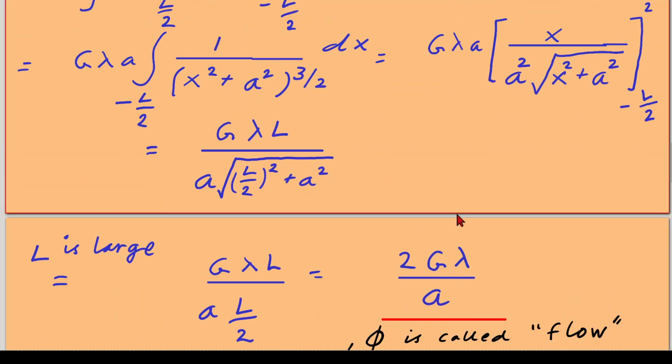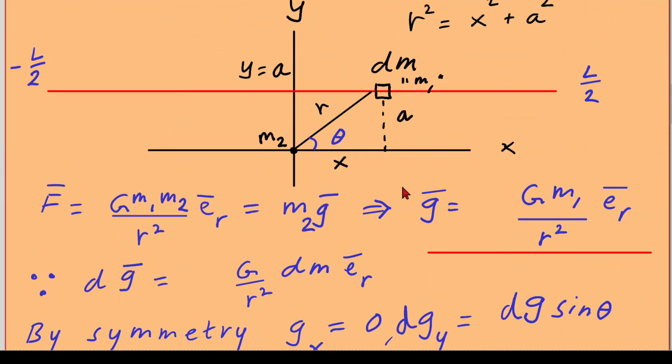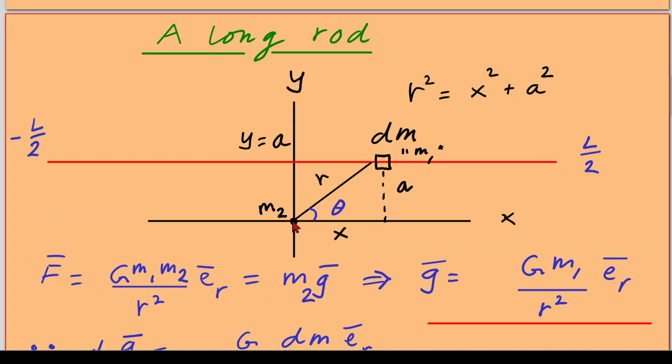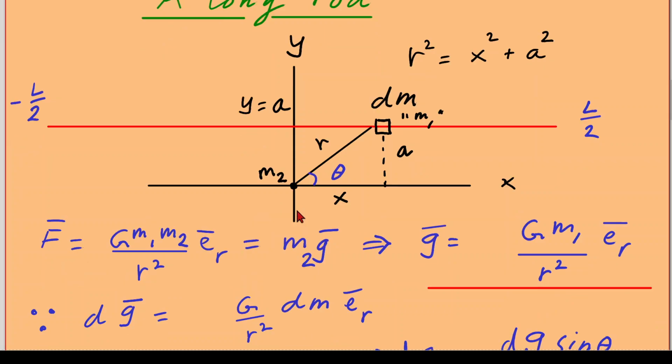This is the g field in the y direction. So if you stand here, and this is quite long, you will feel a field g in the y direction. And the force is, of course, m2 times that field, if you'd like to know the force.